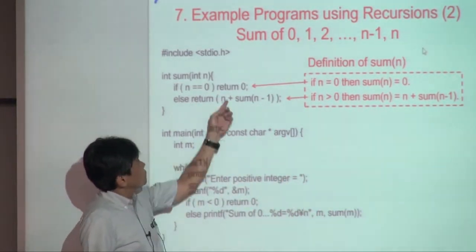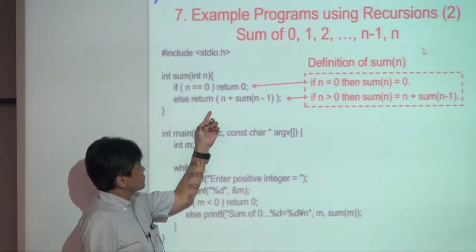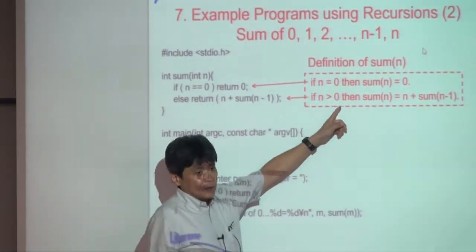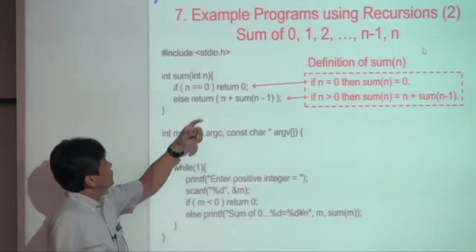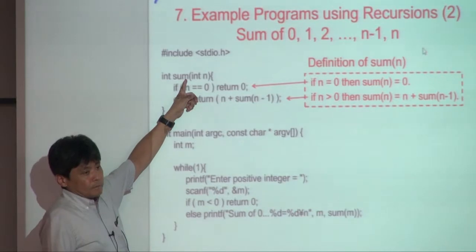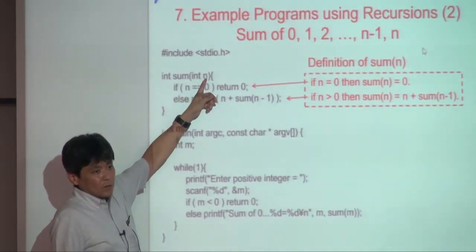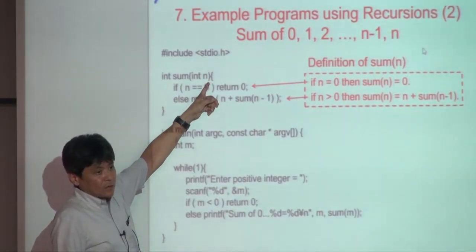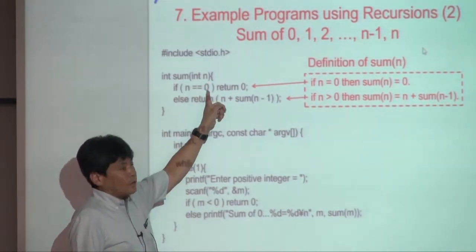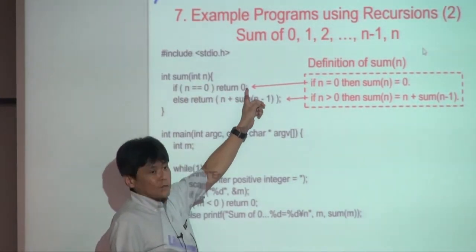So this is the actual program corresponding to this definition. Sum is the function name, and n is a local variable treated as an argument. If n equals 0, the return value should be 0.